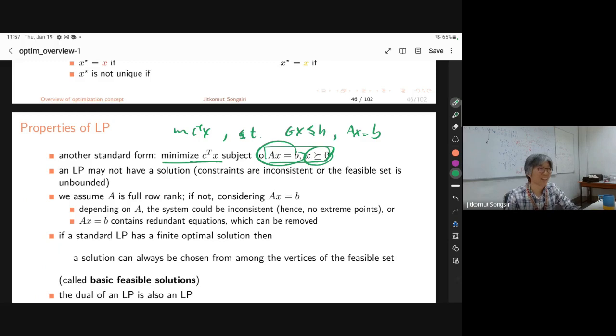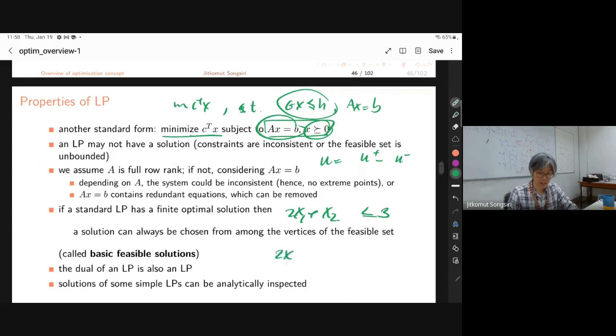There's going to be a technique using the idea that any real number can be split into a positive part and a negative part, all right? And the inequality constraint can be made into an equality by adding a slack variable, s.